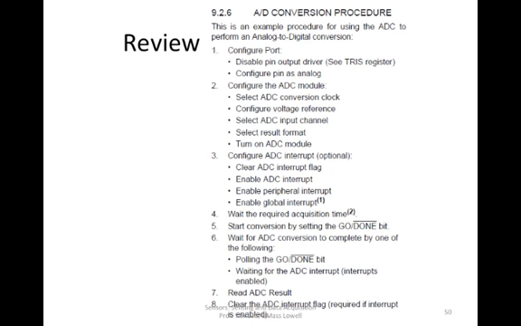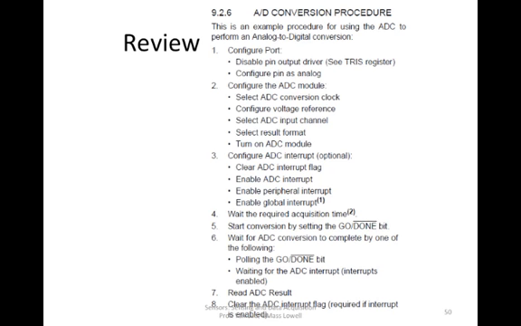You will start the conversion by setting the bit. Then wait for the conversion to complete by one of the following. If you do polling, that means you have to keep checking the go/done bit of the AD control 0 register. If you do interrupt, you don't have to wait.